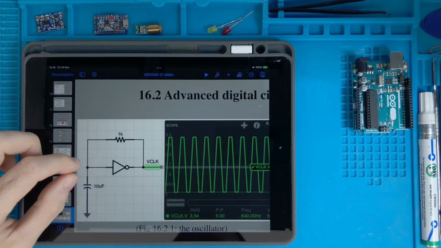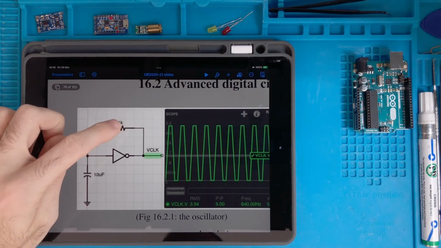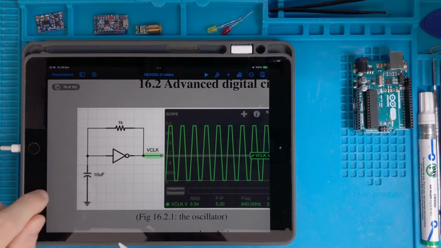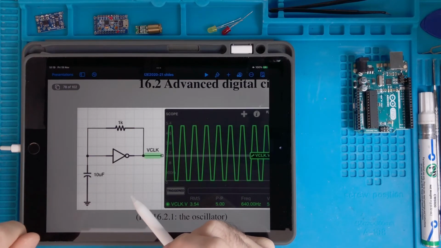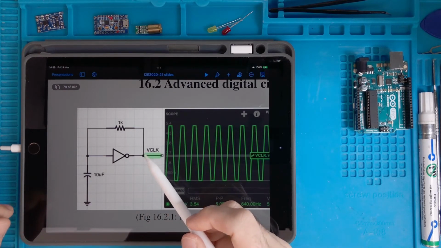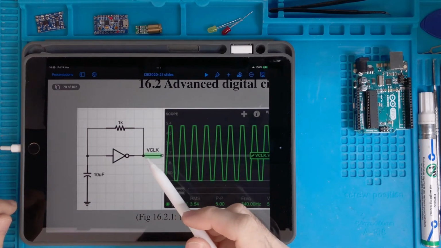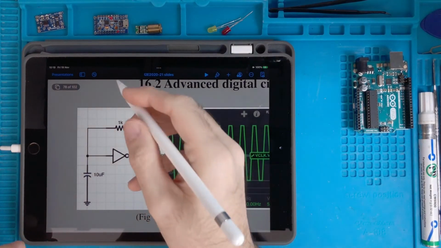Here I added a couple of components, a resistor and a capacitor, on purpose with some values. If you notice, the way I connected this is a feedback connection, but I can redraw this circuit like this.